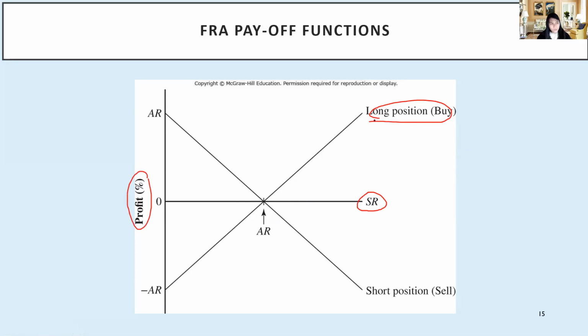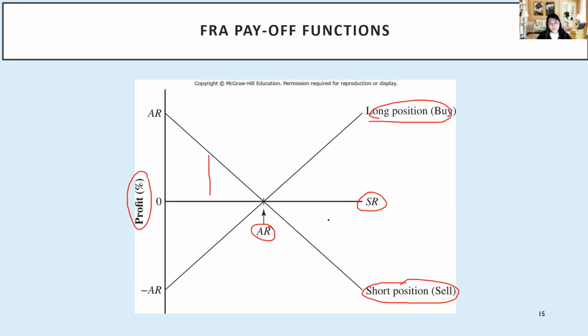For a long position, as the interest rate increases, you make a profit, so the buyer makes the profit. As the interest rate decreases, it's the opposite. For a short position, you're looking at a downward sloping line like this. When the interest rate decreases below the agreement rate, the seller will make a gain, and vice versa.